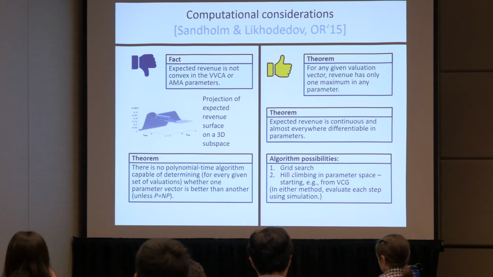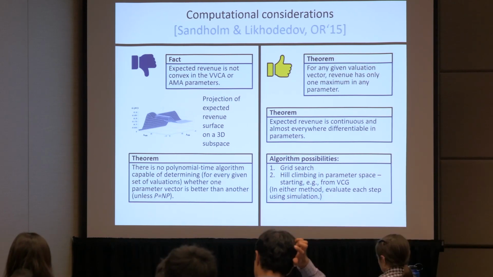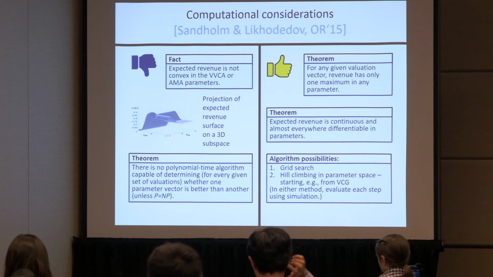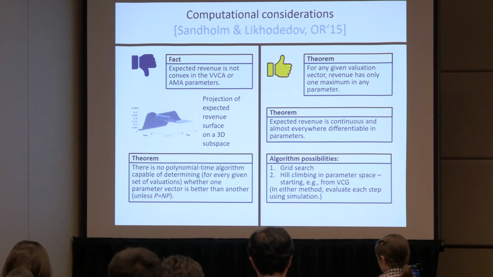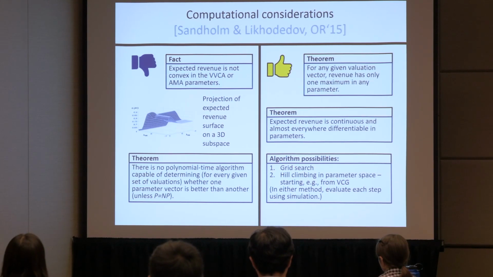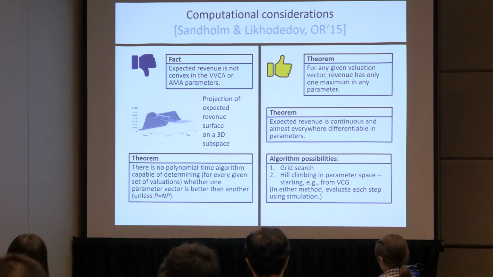Or some sort of gradient ascent in the parameter space, starting, for example, from the VCG. And starting from the VCG is nice in the sense that if that's the benchmark you want to beat, this guarantees that you're at least not losing to your benchmark. And everything is uphill from there, or downhill, however you want to look at it. And in every point, whether we're talking about a grid search point or a point in the gradient ascent, is evaluated by simulating the auction revenue on the samples that you have.